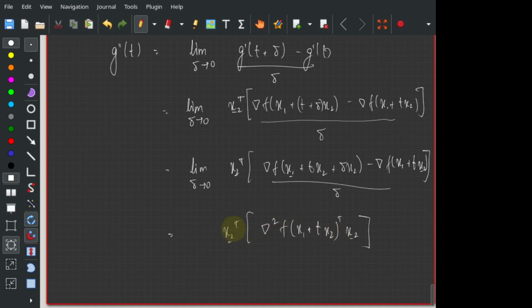So this is of the form x2 transpose some matrix times x2. So the second derivative of g with respect to t is equal to x2 transpose the Hessian times x2.